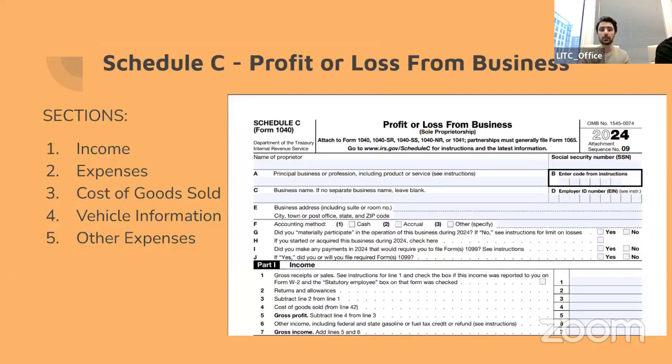A Schedule C is just a profit or loss for the business. The sections are income, expenses, cost of goods, vehicle information, and other expenses. So this is really a catch-all for the business of your independent contractorship. You'll be putting everything down here.